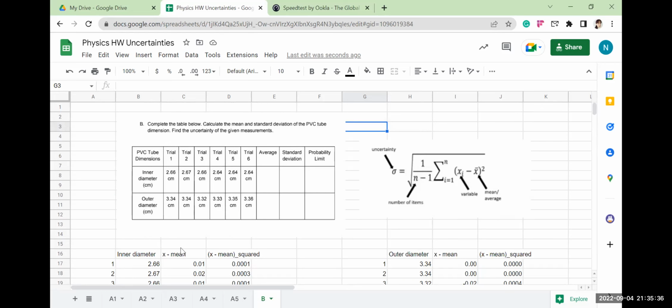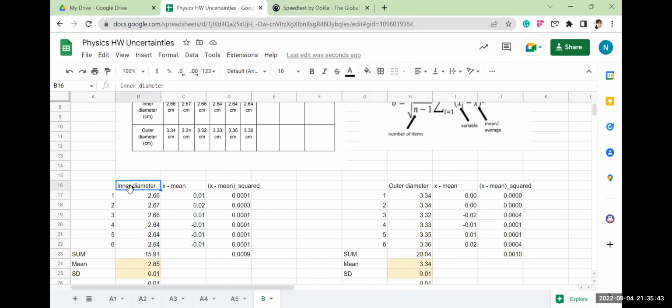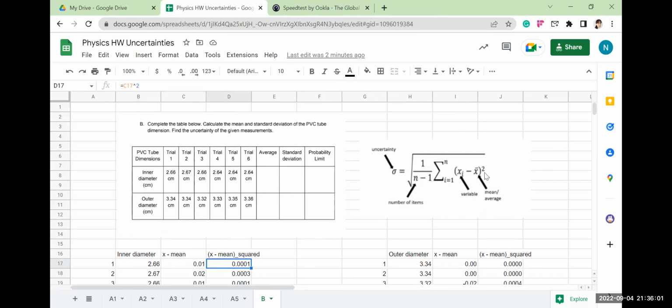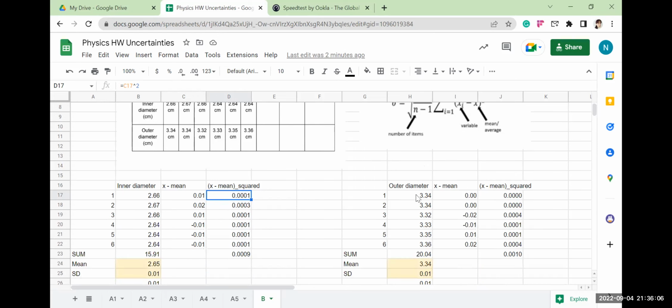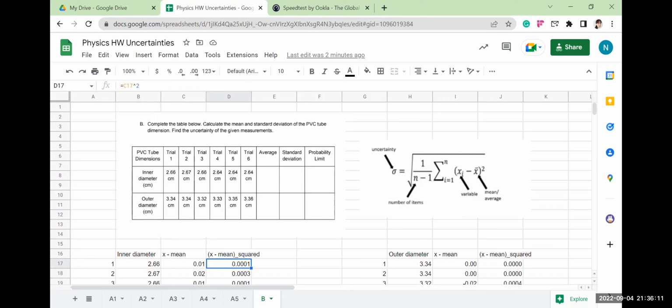So I suggest when you solve problems like this, gumawa ka ng table. Kasi kailangan mong mahanap, meron ka ditong variable minus mean, correct? So you have to make a table, list all the variables. Can you see my screen? Yes. And then get the difference of the variable minus the mean. Get the difference and then square the difference. Afterwards, you get all the sum.